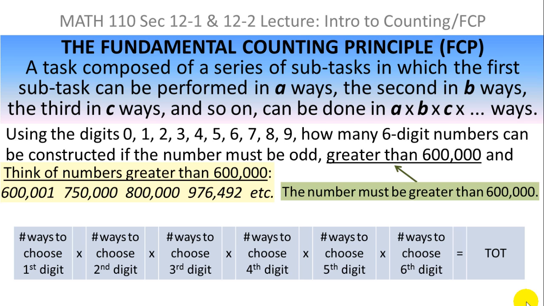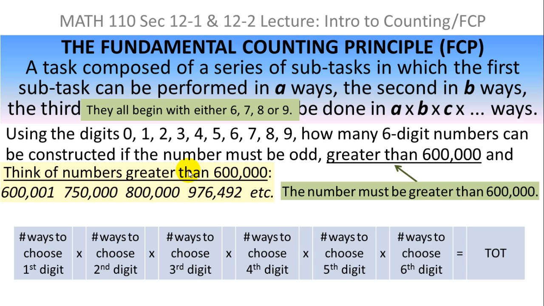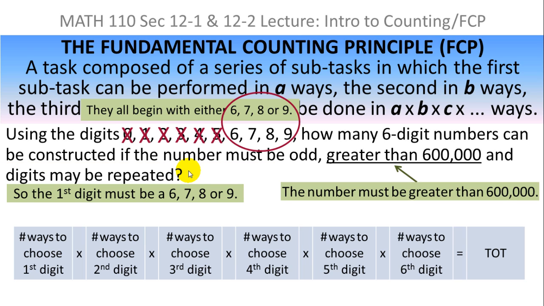In other words, that leading digit could either be a 6, a 7, an 8, or a 9. So just think about this a minute. It could either be a 6 or a 7 or an 8 or a 9. So that's 4 ways. So the first digit has to be one of those 4 numbers. So we've taken care of the greater than 600,000 condition.